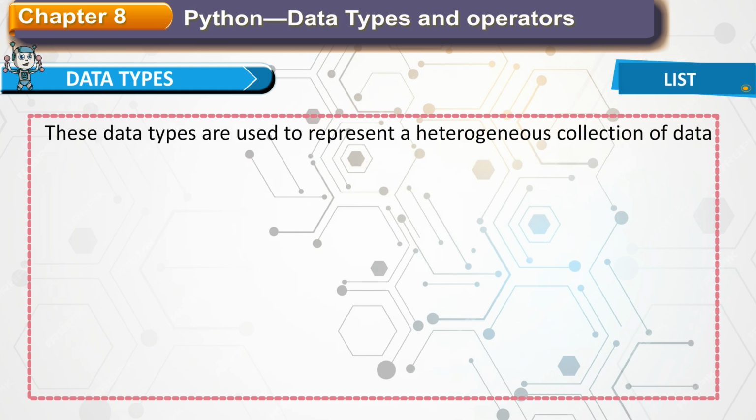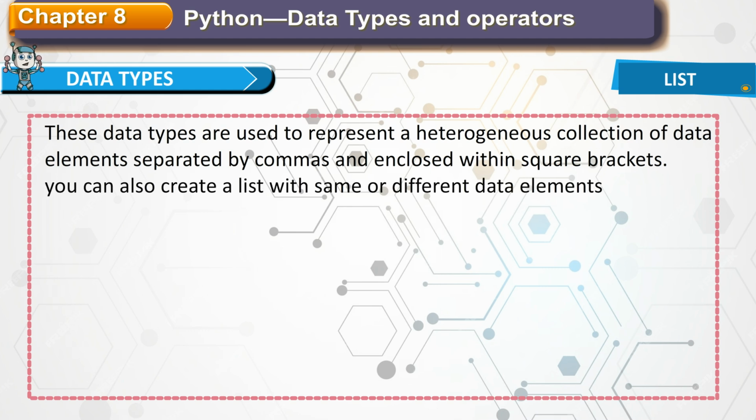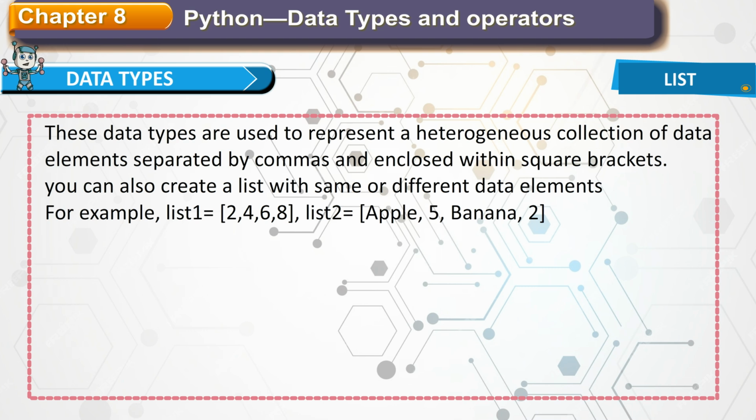These data types are used to represent a heterogeneous collection of data elements, separated by commas and enclosed within square brackets. You can also create a list with same or different data elements. For example, list1 = [2, 4, 6, 8], list2 = ['apple', 5, 'banana', 2].